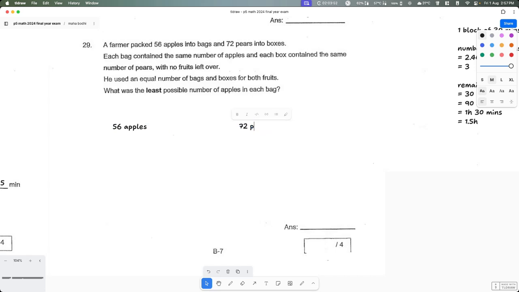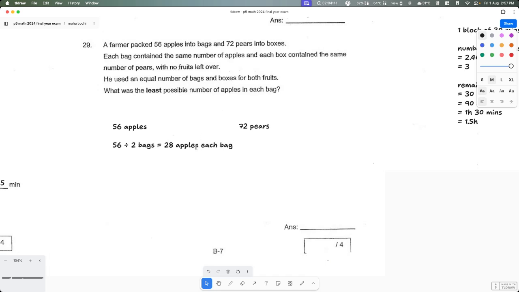Okay, so in this case over here, we just want to get their common factors. So 56, right? And then we divide it by 2 bags. And then this will be 28 apples each bag.